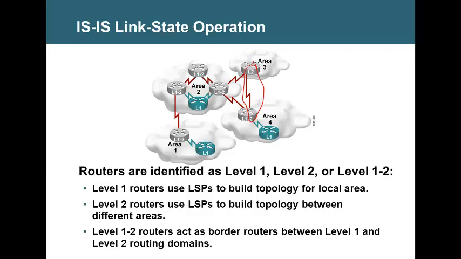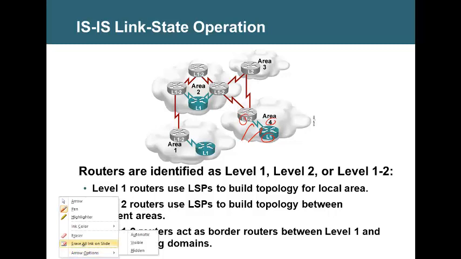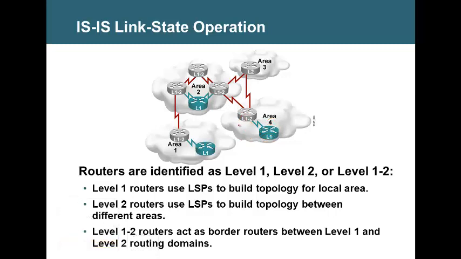But for L2 adjacency, even if they are configured with different area IDs, they still can form adjacency, because L2 adjacency will not focus on the area ID. L2 adjacency will focus only on the system ID. The system ID should be unique on each device.